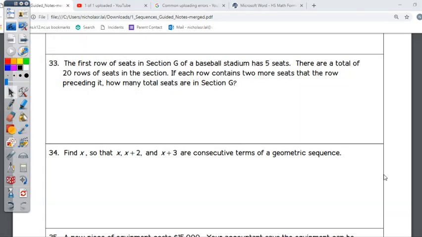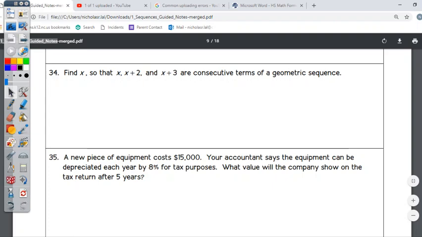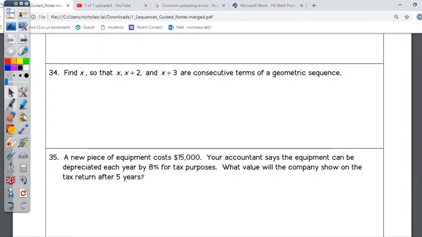Find x so that x, x plus 2, and x plus 3 are consecutive terms of a geometric sequence, okay? And so this requires some abstract thinking, okay? So in their geometric sequence, x, x plus 2, and x plus 3 are consecutive terms.